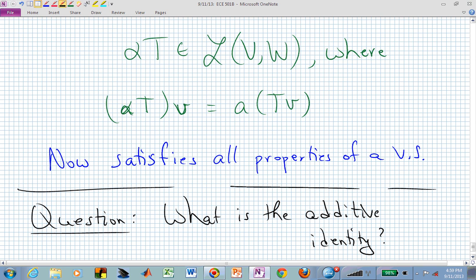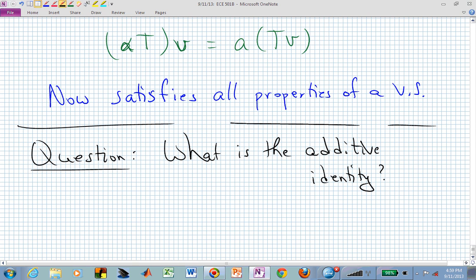What's our additive identity in this vector space? Yes.